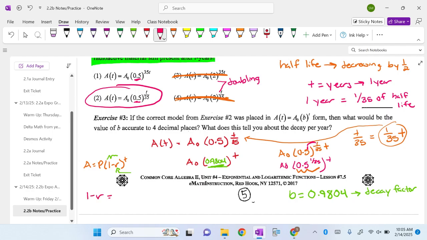If 1 minus R is equal to 0.9804, then what can we draw from that conclusion? So if 1 minus R equals 0.9804, what conclusion could we draw from that?